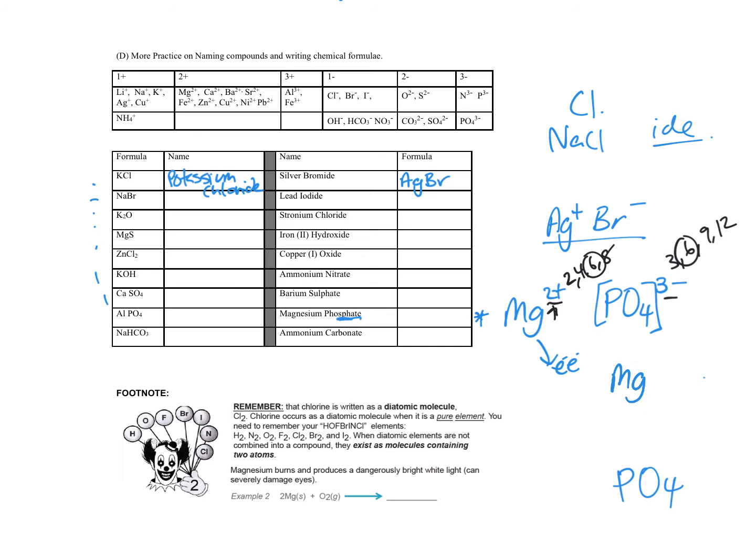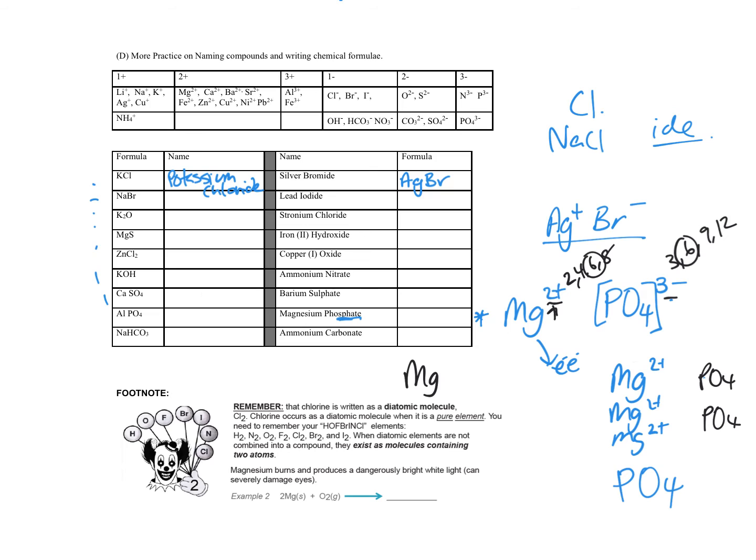So Mg2+. Now if I have 3 of them, I'm just going to go Mg2+, Mg2+. And to get a 6- on the phosphate, I will need 2 of them. So I'm going to have a phosphate and a phosphate. So together they have a 6- charge that comes together. How do I write this?